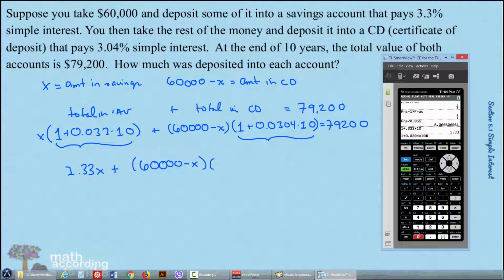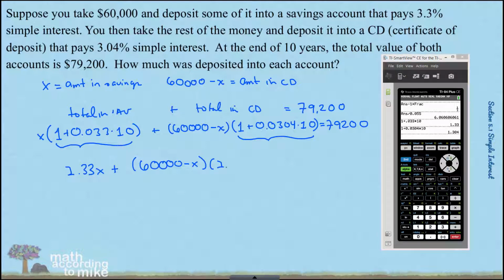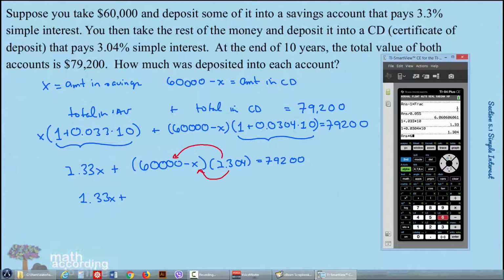Times 10, I did it right. Now on this term, we need to distribute the 1.304 times the 60,000 and the 1.304 times the X. So we get 1.33X plus, we already have that there, so we'll just keep that going.